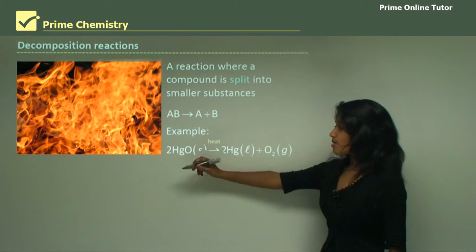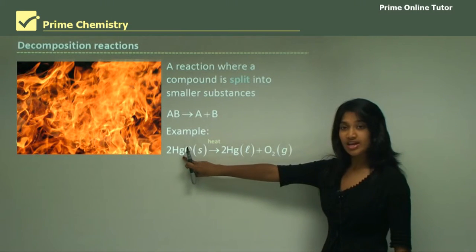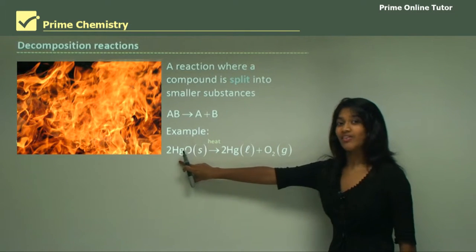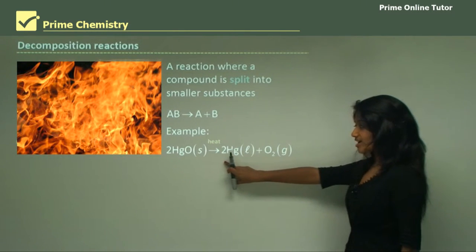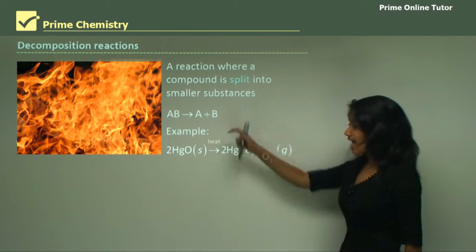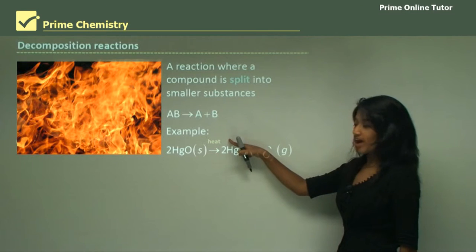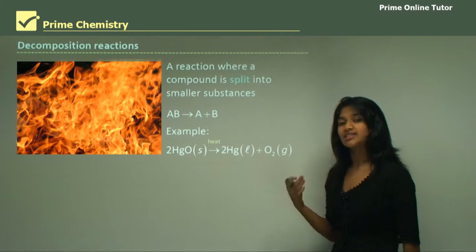Now mercury oxide has a mercury atom and an oxygen atom together. Now they react in the presence of heat, and that's why on top of the arrow, you write heat, because heat acts as a catalyst.